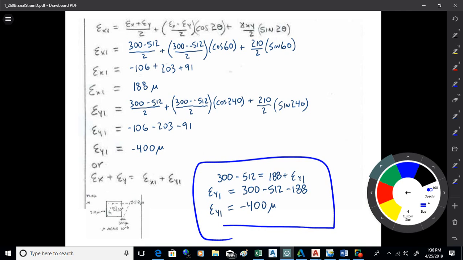Now there's also a formula to find the shear strain too. That's formula 72. You just plug into that. So we got this, we doing all right?